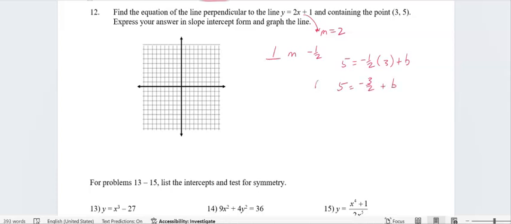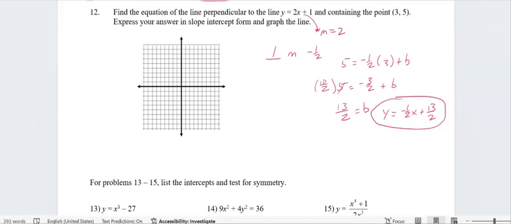So this is 10/2. That's 5. So I'm going to add 3/2 to both sides. So b is 13/2. So my equation is y equals -1/2 x plus 13/2. And now I'm supposed to express your answer in slope-intercept form and graph the line.